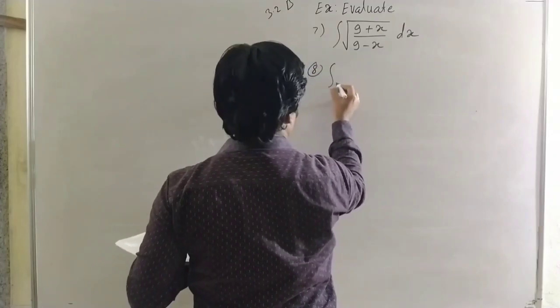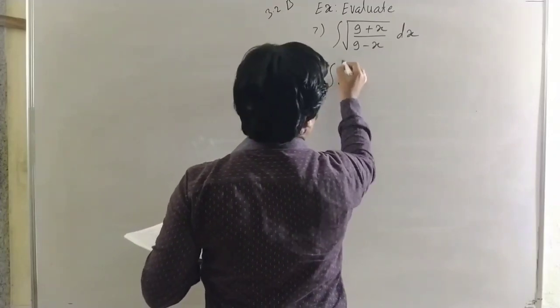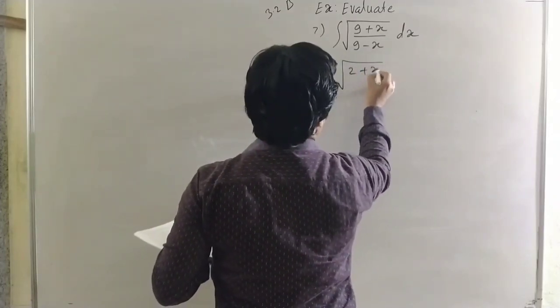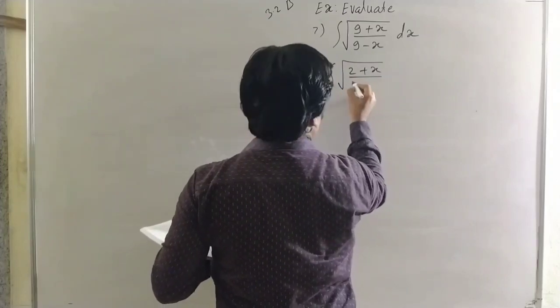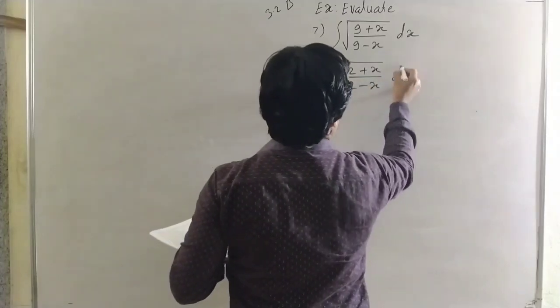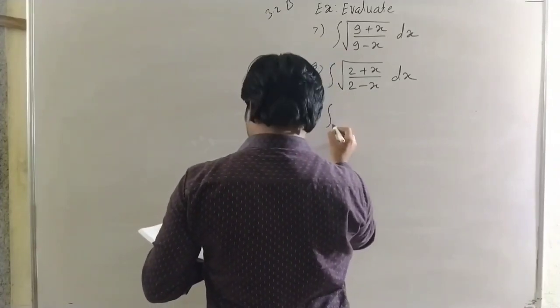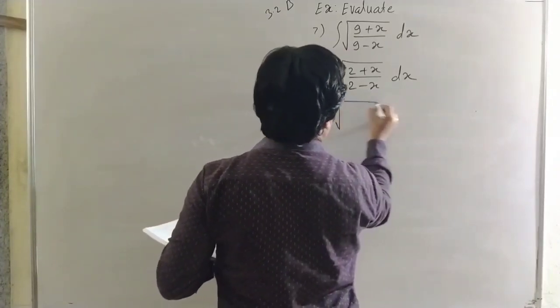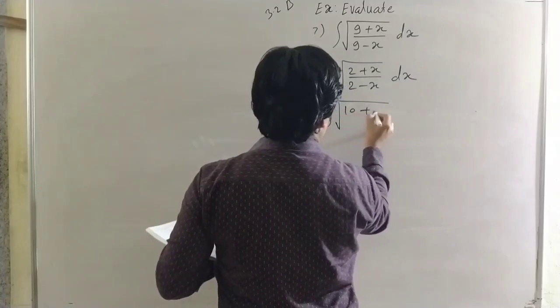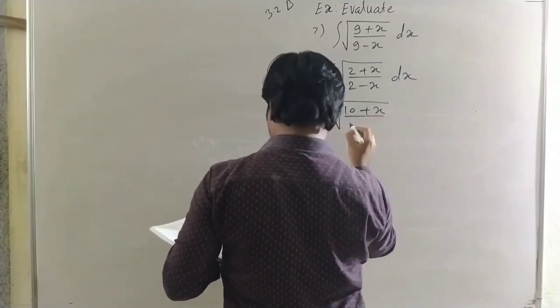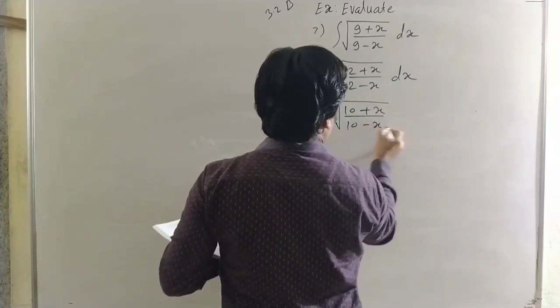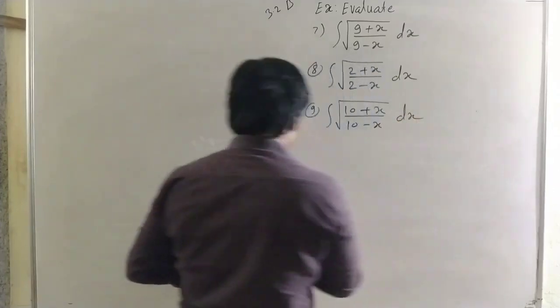Example number 8: under root of 2 plus x upon 2 minus x dx. And example number 9: the integral of under root of 10 plus x upon 10 minus x dx. The examples are similar.